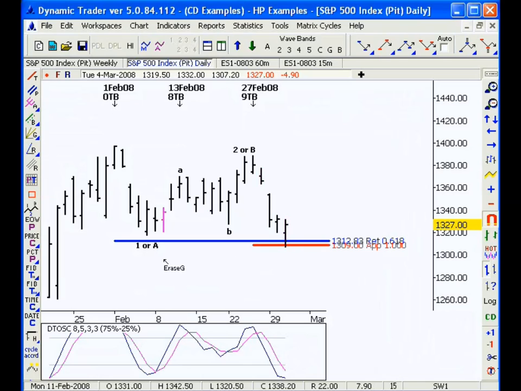If this is just a 1 or a 2, we would have much further down to go. And at this point, with this data, do we know whether this is a bear trend coming down from early February or just making an ABC correction? Well, we don't know. We don't know if it's making a wave 3 or a C in Elliott wave terms, whether it's a trend or a counter trend.